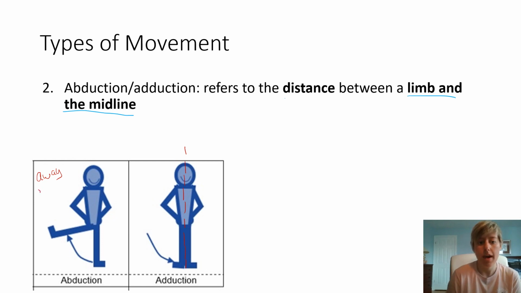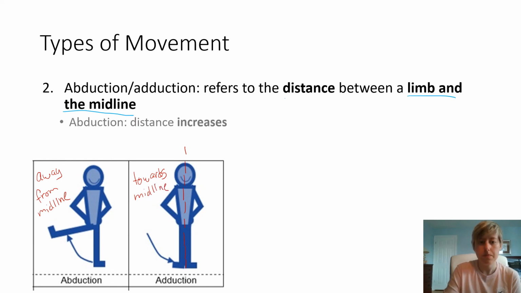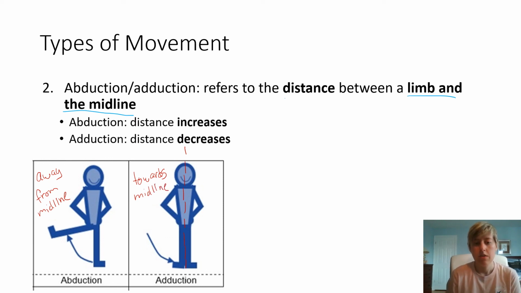So I'm moving away from the midline. Adduction is when I'm moving towards the midline. So if I'm moving towards the midline, my distance decreases. So I'm adding towards my midline. If I'm moving away, I'm abducting, so I'm increasing.